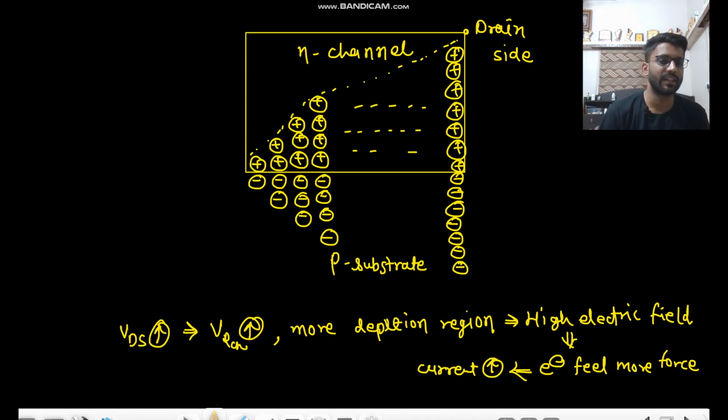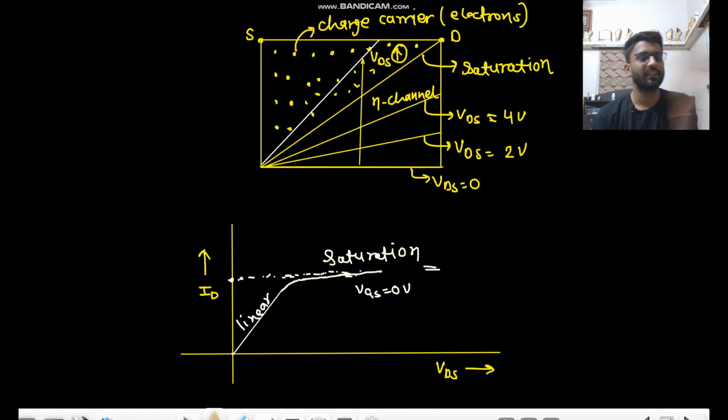But what happens is that if we keep on increasing the VDS value, at some VDS value, the drain side will be completely depleted of charge carriers. After that, the current will not increase. Why so? Because now the channel will start having a lesser value of charge carriers, as the channel width is getting decreased.